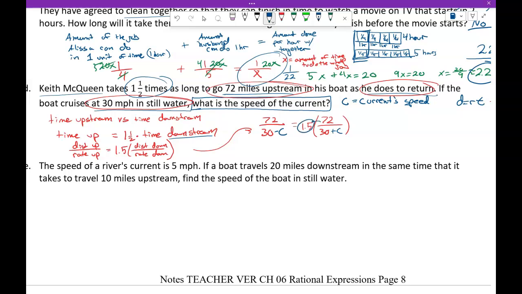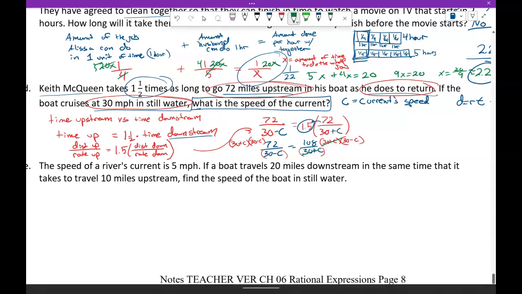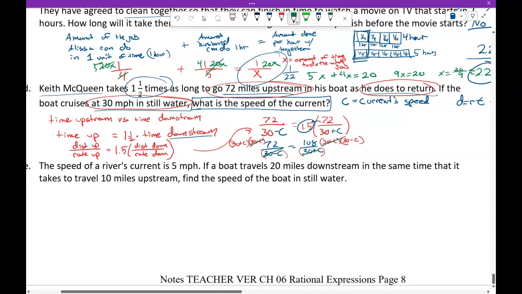We can actually distribute this 1.5 first into the numerator and simplify that, and then multiply by our LCD. 72 over 30 minus c equals 108 over 30 plus c, and then we can multiply by our least common denominator, which is going to be the product of both of these, 30 plus c times 30 minus c. We cancel the 30 plus c and the 30 minus c.